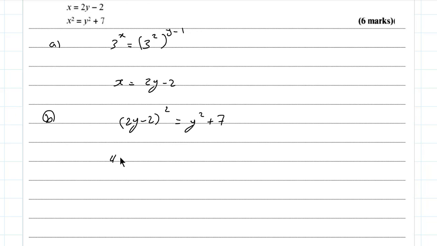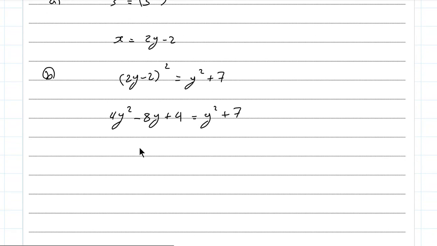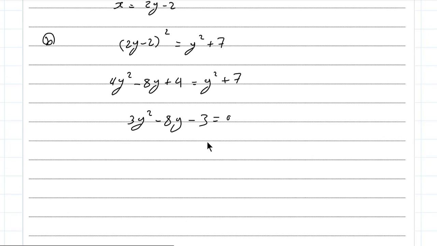Square of the first will give us 4y squared minus 2 times first times second will be minus 8y, and then plus 4 equals y squared plus 7. Rearrange, we have 4y squared minus y squared, y squared will be 3y squared minus 8y plus 4 minus 7 will be minus 3 equals 0.